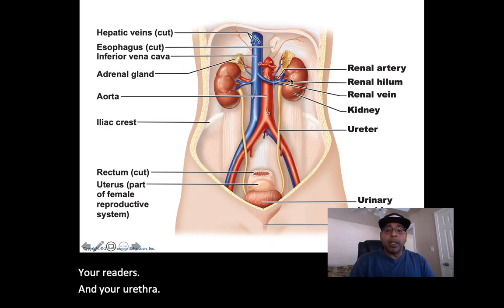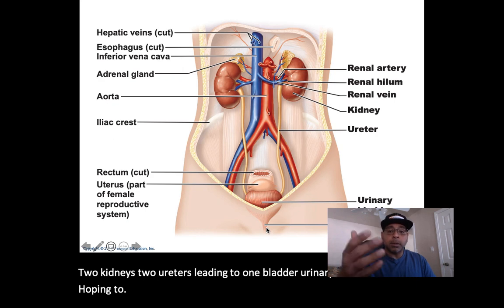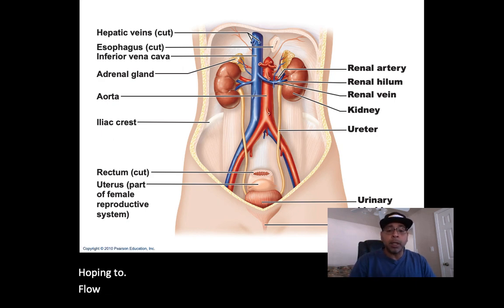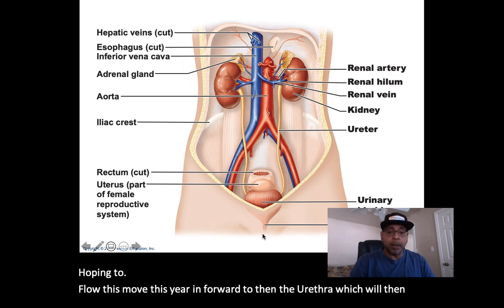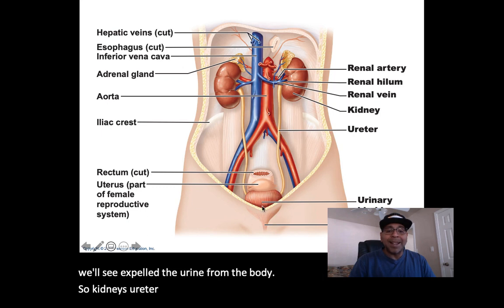So you've got two kidneys, ureters leading to one bladder, the urinary bladder, helping to move the urine forward to the urethra, which will then expel the urine from the body. So kidneys, ureters, bladder, and urethra.